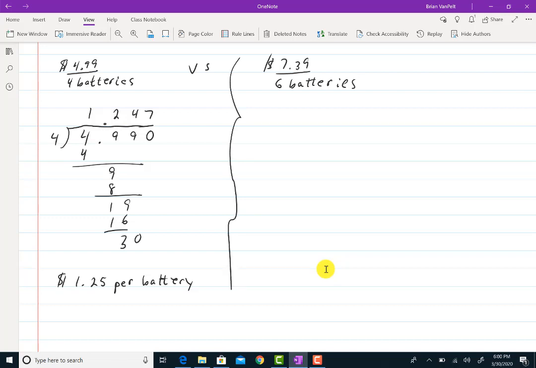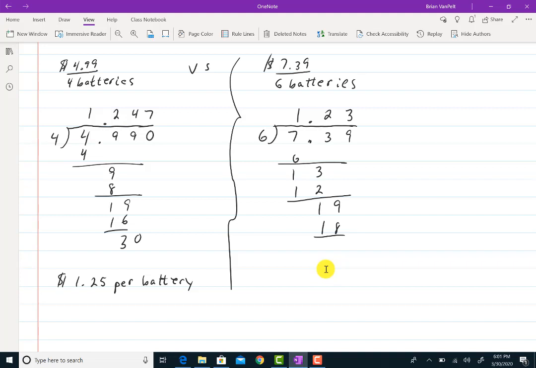Now over here, I'm going to do 6 into 7.39. 6 goes into 7 one time. Bring down the 3. 6 goes into 13 twice. 6 goes into 19 3 times.